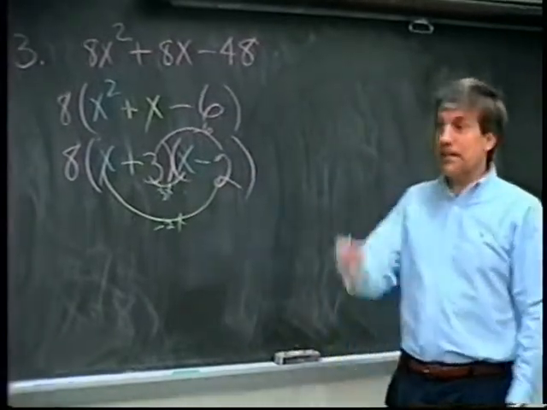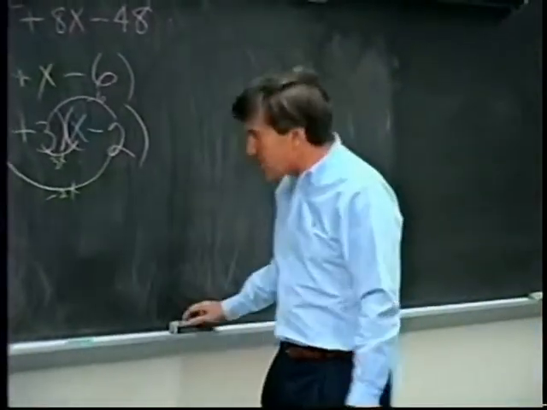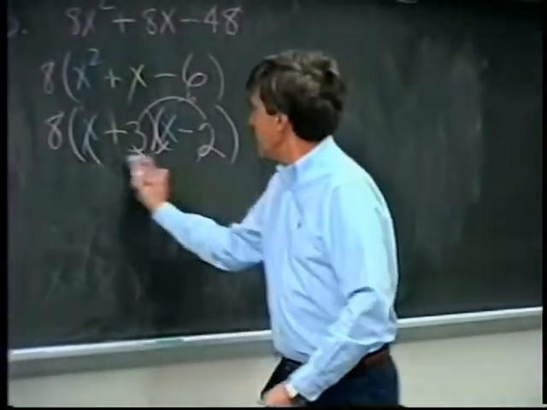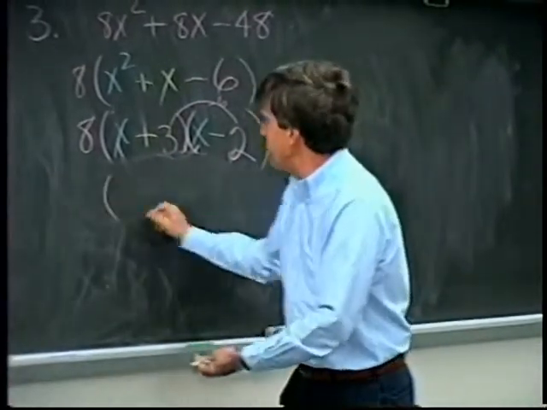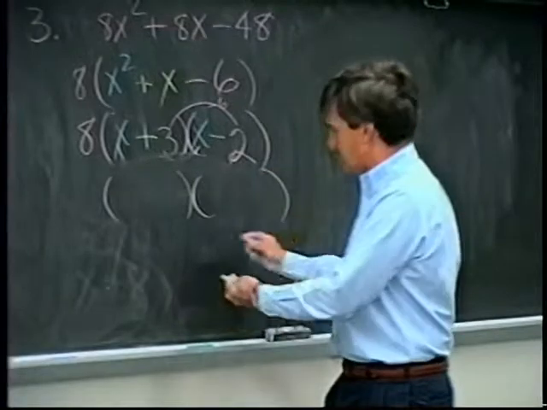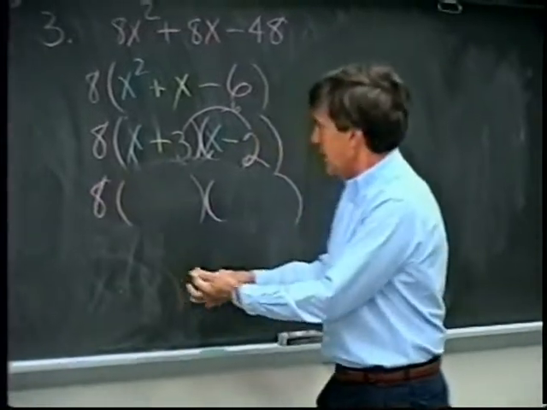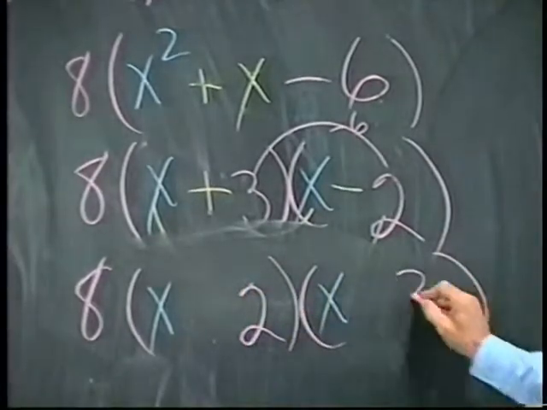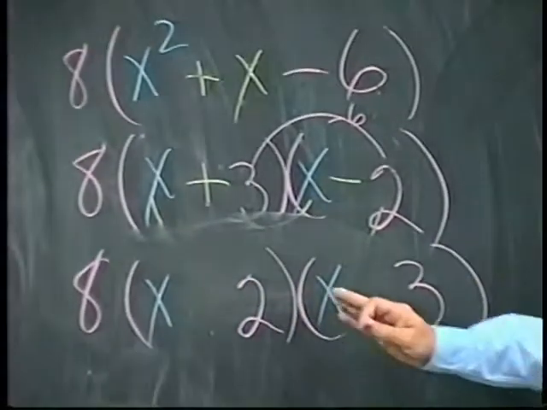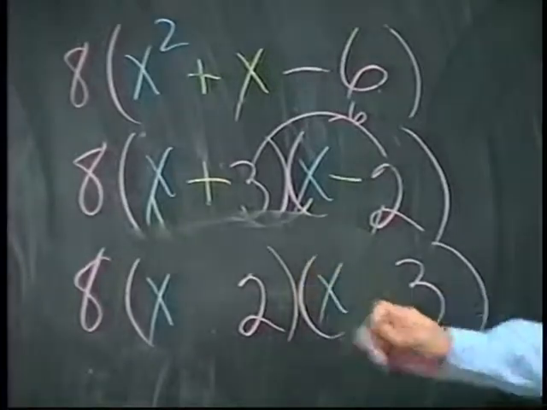She's asking me, would it be okay if she put it like this: have the 8 out in front, and have the x here, and the x here, and have the 2 here, and the 3 there? It's okay. Where do you have to put the negative sign?